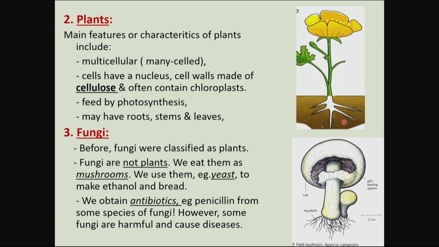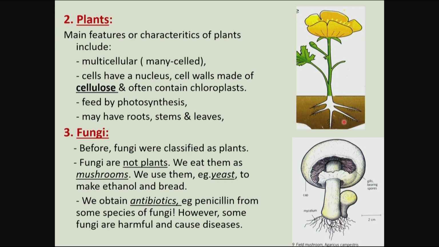Cellulose is a carbohydrate which makes the cell wall a bit harder or tougher as compared to the cell membrane. Okay, and many of the plant cells often contain chloroplasts, especially the ones found on the leaves. Okay, and plants, as I told you earlier, feed by photosynthesis. That is to say, they make their own food using the simple raw materials around them. Okay, they may have roots, stems, and leaves.